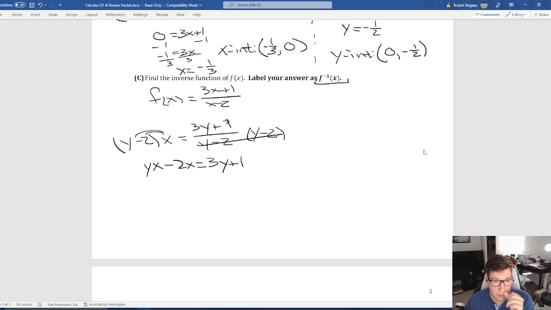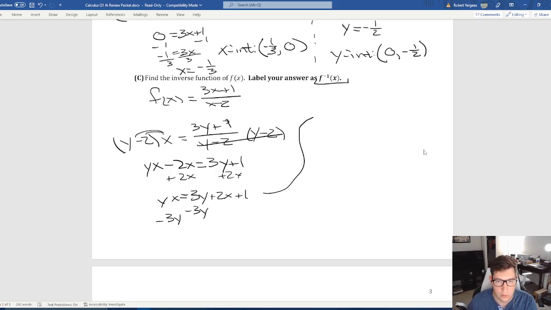From here, just like algebra, I'm looking to isolate y, so I'm going to start moving some things around, adding 2x to both sides. yx is equal to 3y plus 2x plus 1. Now I'm going to subtract 3y from both sides.